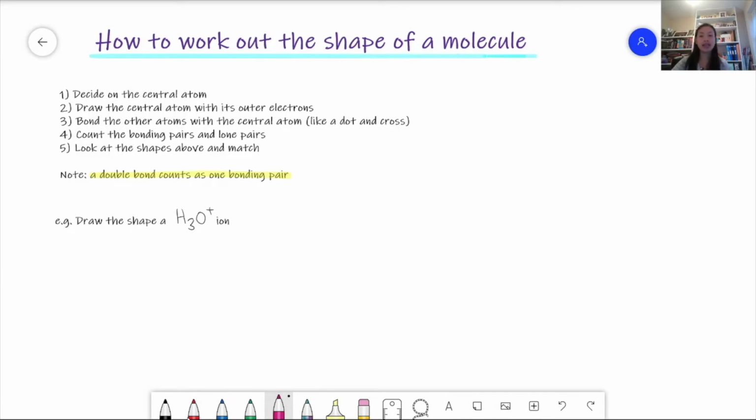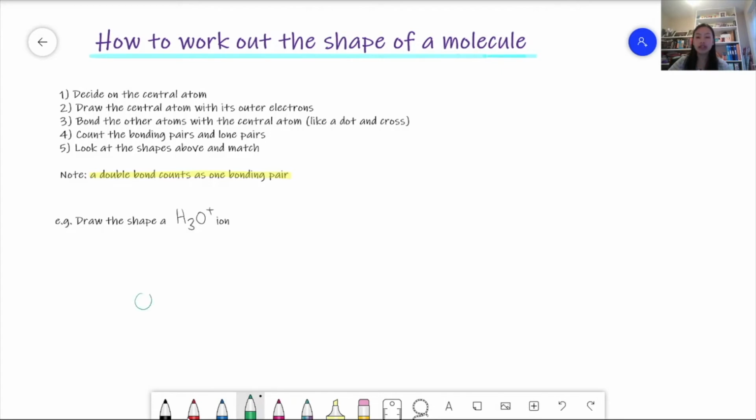So we're going to look at this example. Draw the shape of a H3O plus ion. So first we start off with deciding on the central atom. Because we've got 3 hydrogens and an oxygen, I think it's probably safe to say that the oxygen will be the central atom.